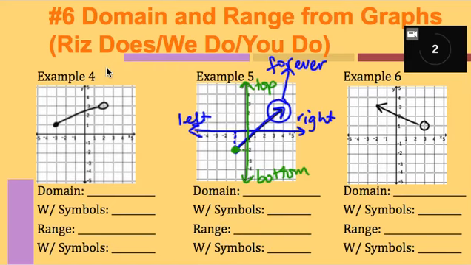Anything above -2. So a different way of saying that is I'm going to say y is greater than or equal to, remember, because it's a closed point, it's not an open hole, -2. Okay?